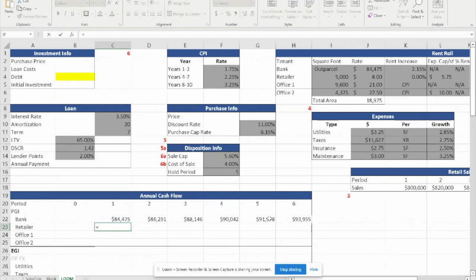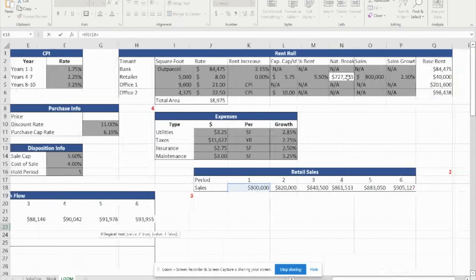We're going to say that if this number, which is the actual first year sales, is greater than the natural break, we're going to go ahead and do an open paren. We're going to subtract the natural break from this number, and we're going to multiply that by the actual percent rent.